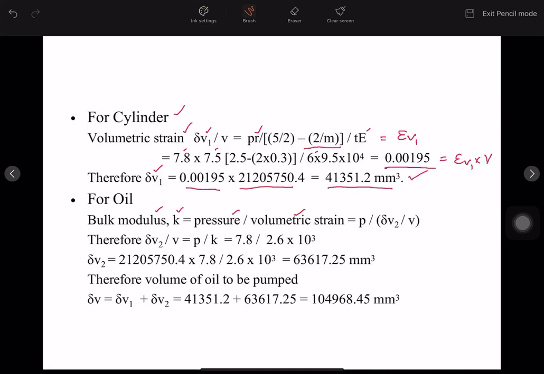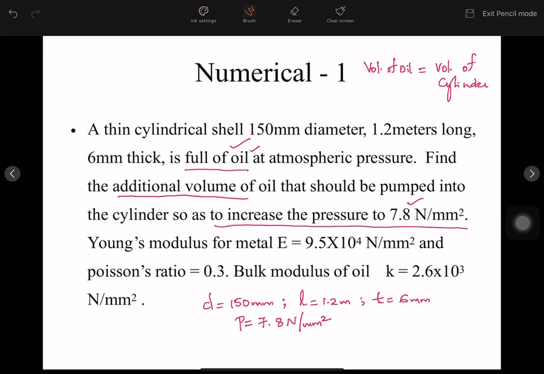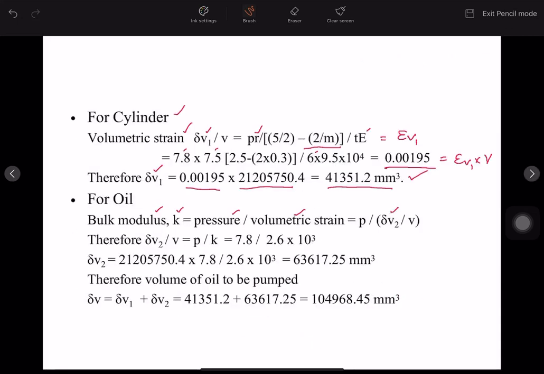This relation will be useful for us to calculate the change in volume of the oil, or I mean to say the additional volume which we need to add. That is why he has given the bulk modulus value. So K is equal to pressure by change in volume by original volume. So by using this equation, ultimately we need to find this delta V2.